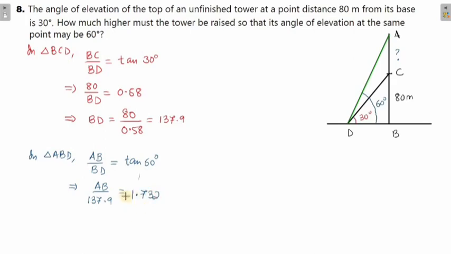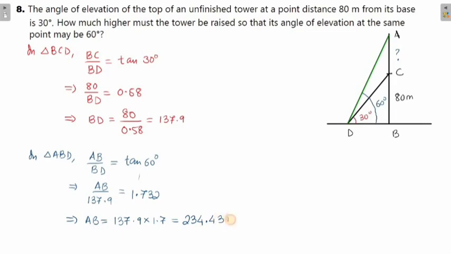From here you get AB equals 137.9 multiplied by 1.732. Let's take 1.7 and multiply, and you get 234.43.